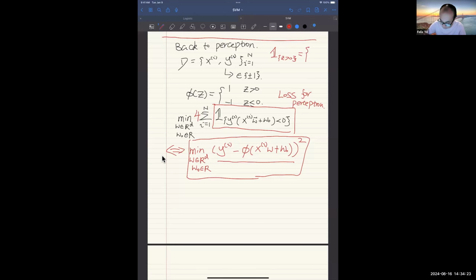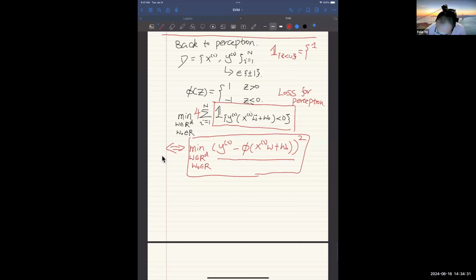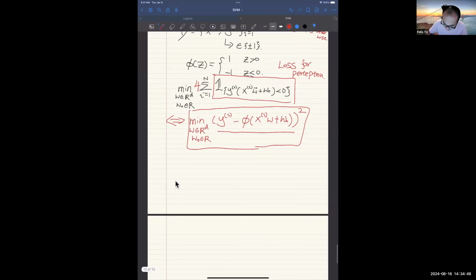The indication function is 1 if z is less than 0, and 0 otherwise. All right, so this gives you some idea what we are working with. You can think about this whole thing as a 0-1 loss. We are just rewriting things around.